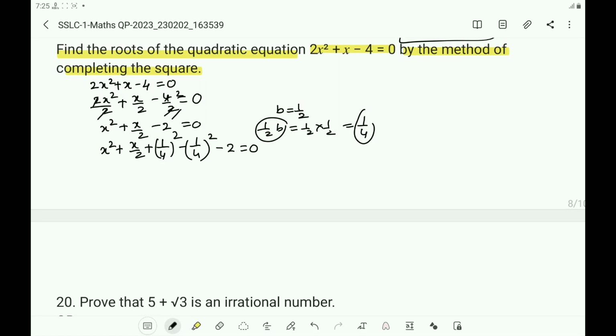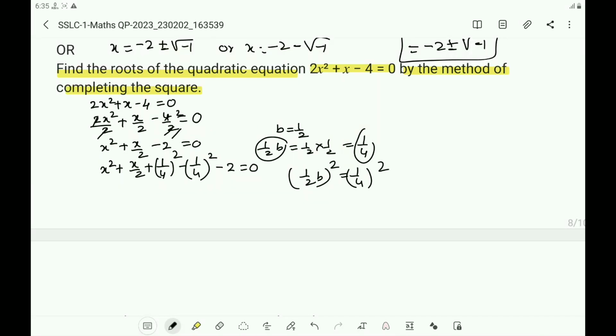You have to add and subtract half b whole square, means half b is 1 by 4, whole square. Now you observe the first 3 terms, x square, x by 2 and 1 by 4 whole square. This is in the form of a square plus 2ab plus b square.